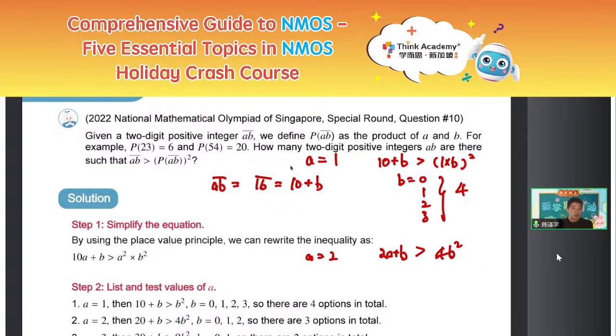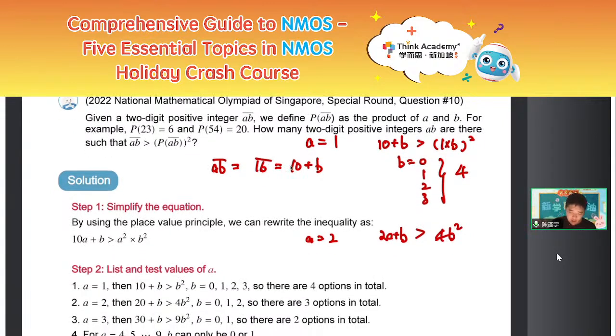Once again, you can check by yourself how many possible values of B there are. You can see on the screen, there are 3 values of B, and always remember that we start with 0. If it's not specified, we just start with 0.